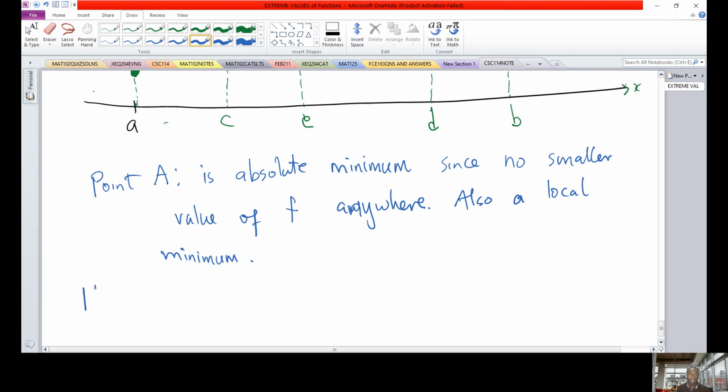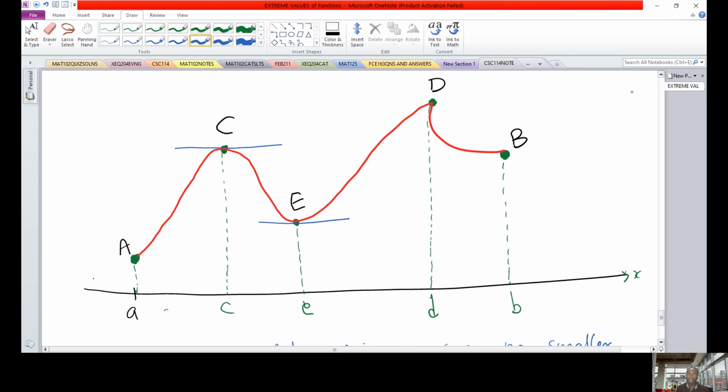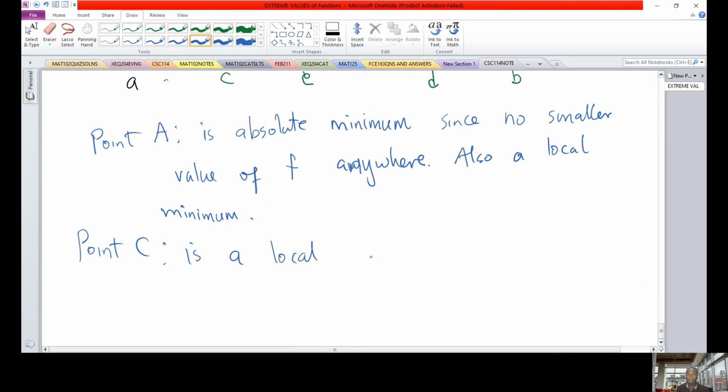And then point C is a local maximum since no greater value of f nearby.